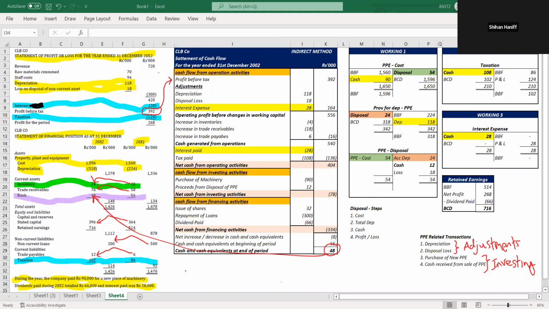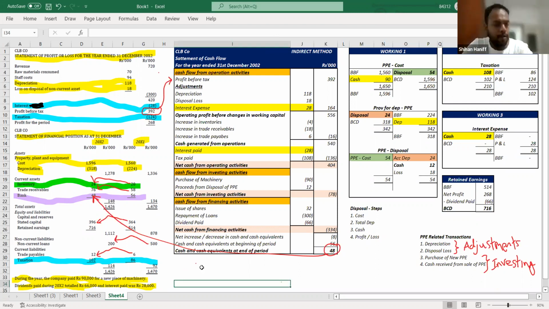Okay, so let's do the same question in direct method.